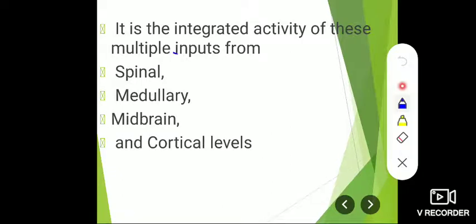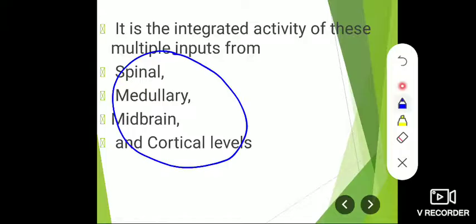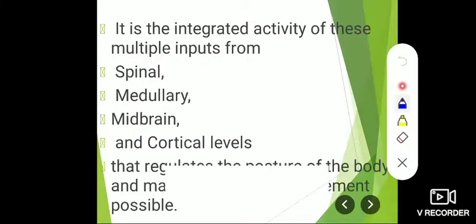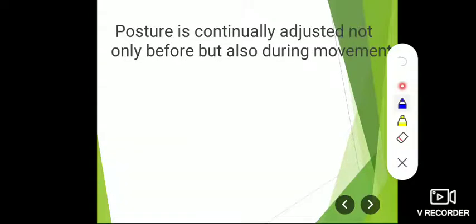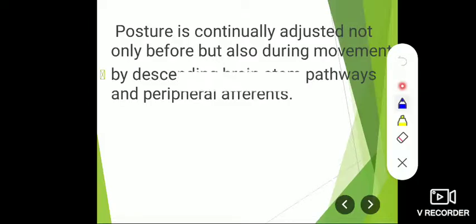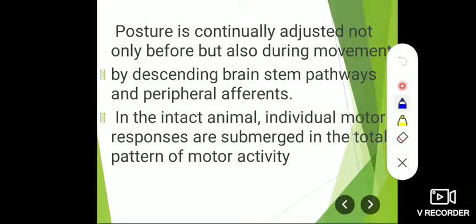So these four levels are influencing our alpha motor neuron that regulates the posture of the body and makes coordinated movement possible. Posture is adjusted continuously, not only before but during movement also, by descending brainstem pathways and peripheral afferents.